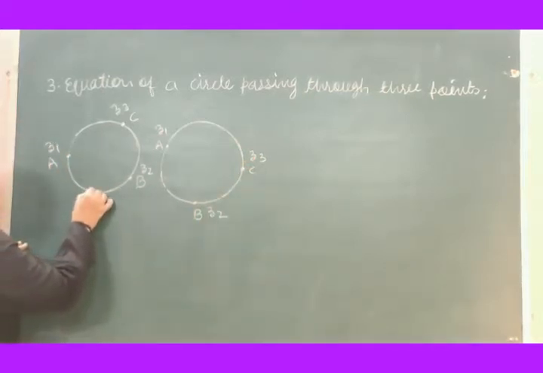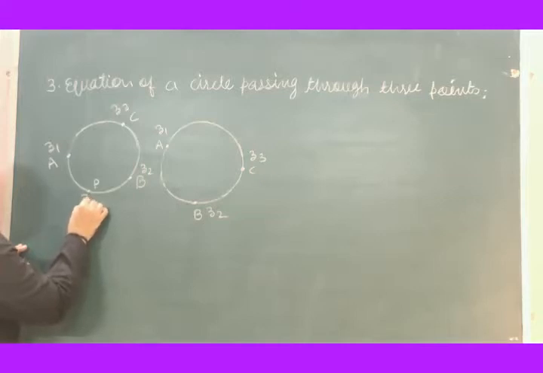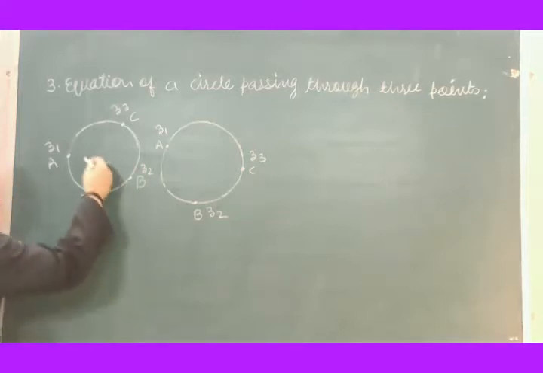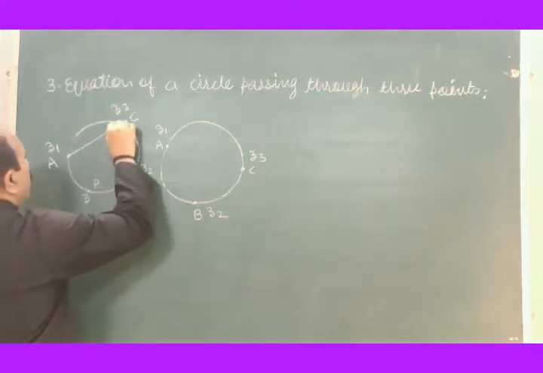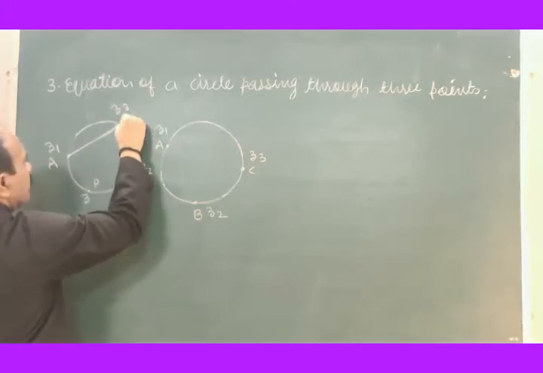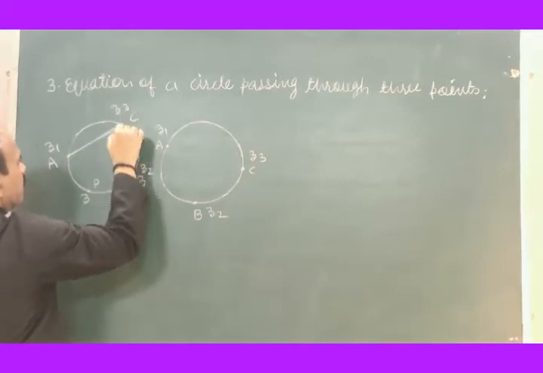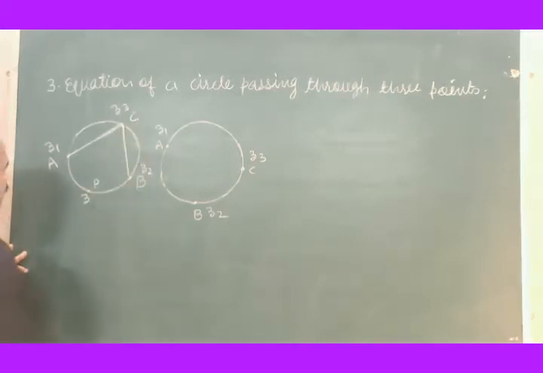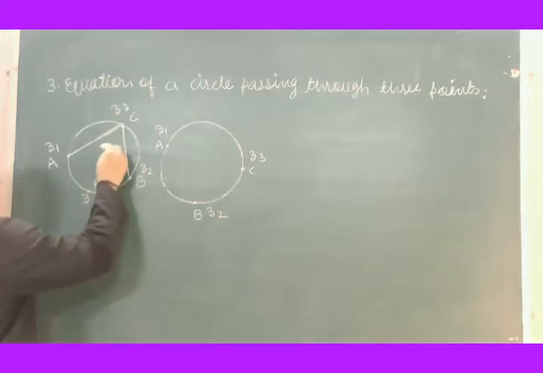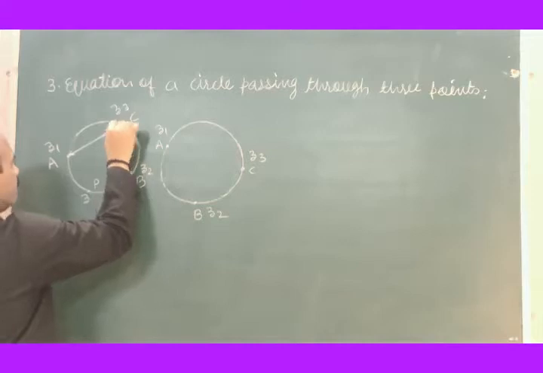Let us consider one more point P represented by complex number Z. Connect A to C and B to C. This is the angle between them.